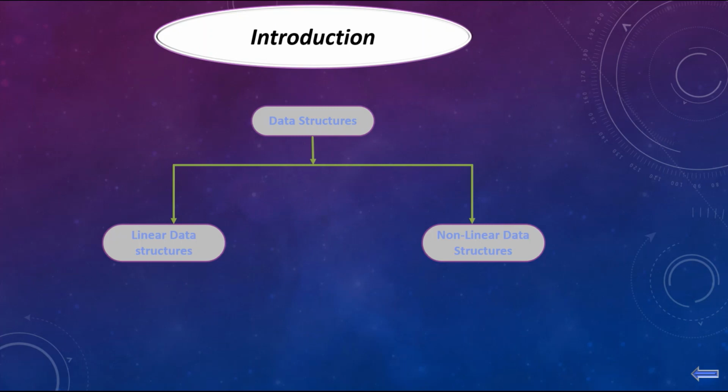And the data structures in which the data are stored in a hierarchical way are non-linear data structures. Some examples of linear data structures are array, linked list, queue, stack, and many more. And non-linear data structures can be trees, graphs, and many more.